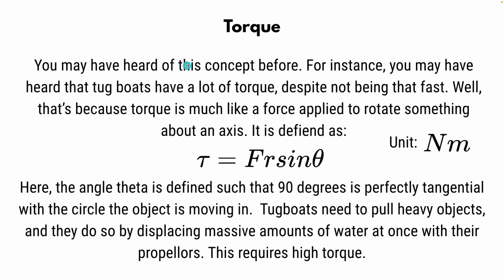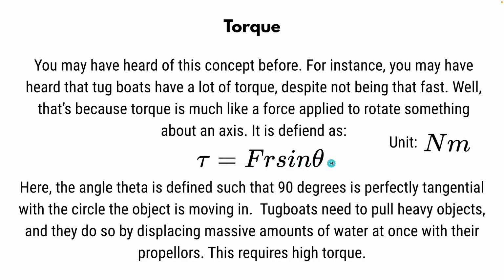Okay, and then you might have heard of this concept before. For instance, you might have heard that tugboats have a lot of torque, despite not being very quick, right? That's because torque is much like a force applied to rotate something about an axis. It's defined as torque equals F r sine theta.